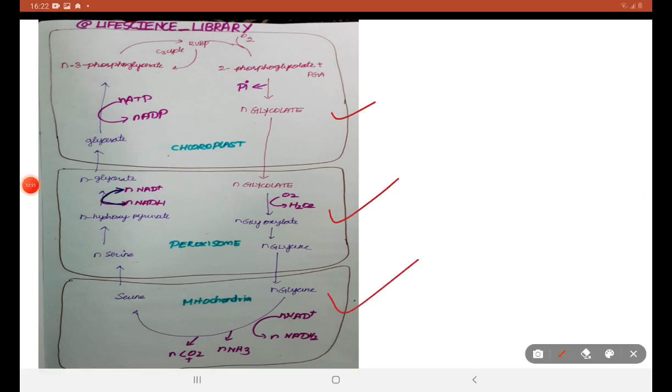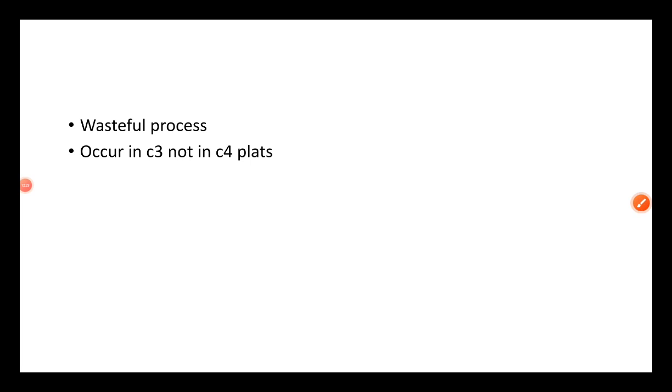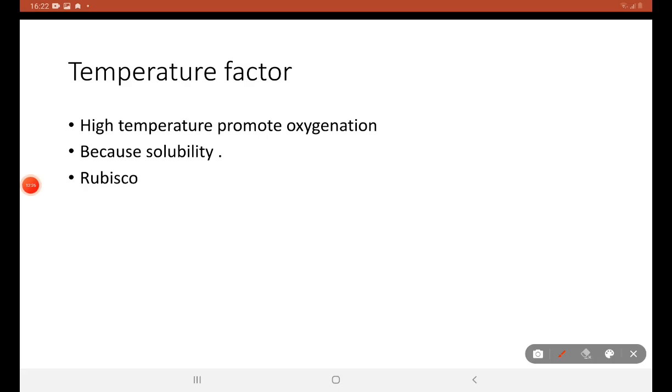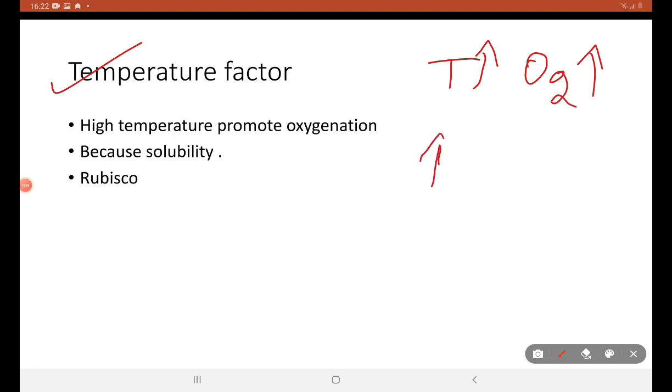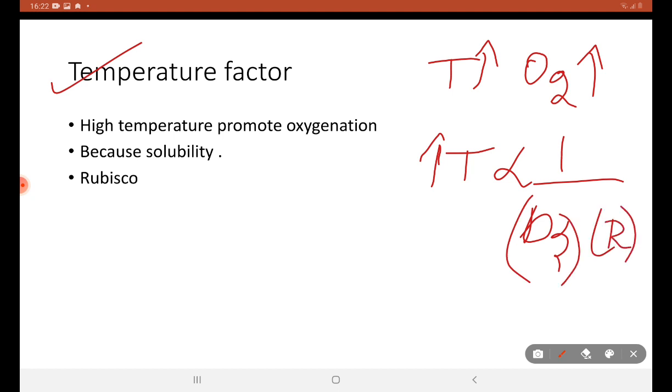Then we saw the factor of temperature: increase in temperature increases oxygenation, whereas it has an inverse effect on the oxygenation activity of the Rubisco enzyme.